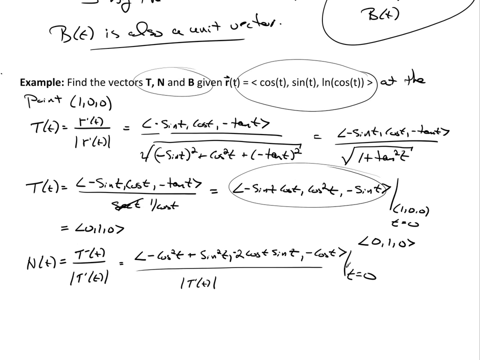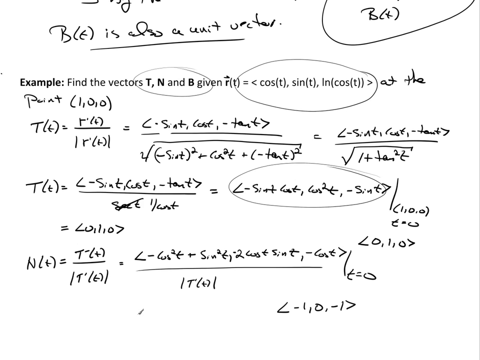It's going to make life a little bit easier. When t equals 0, what I end up with is this vector: negative 1 plus 0, which is 0, and this is going to be negative 1. So this is T prime of t at t equals 0.